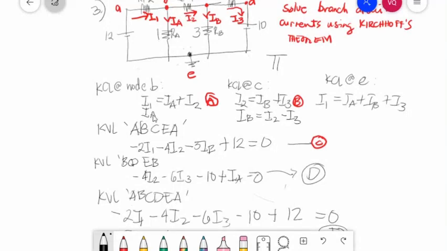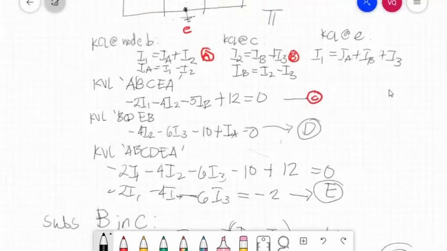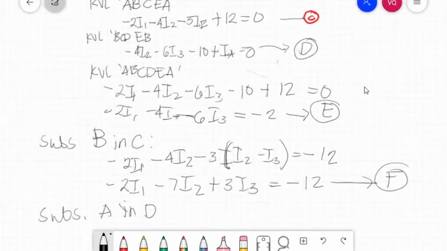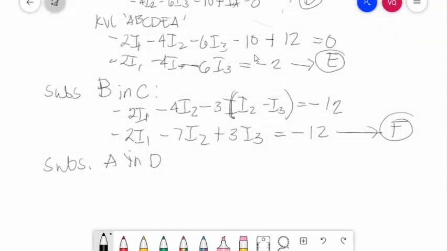So IA is equal to I1 minus I2. Hindi, yung I1 is equal to IA plus I2. So A in D, what is our equation D? Negative 4I2 minus 6I3 minus 10 plus IA is equal to 0.